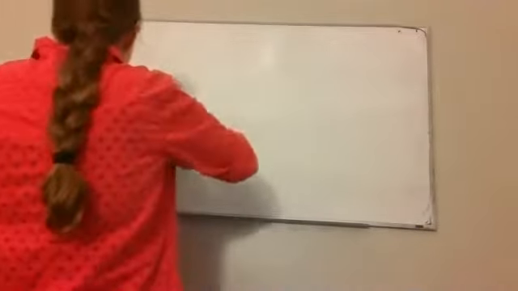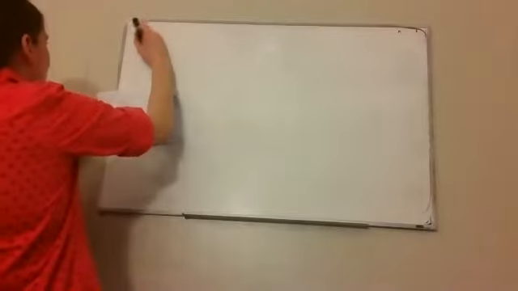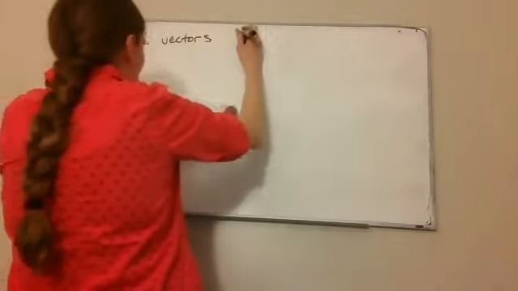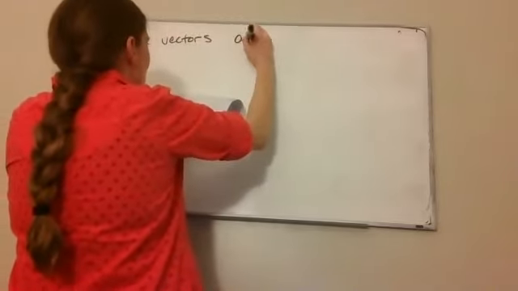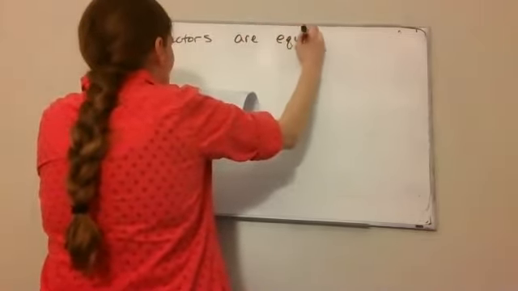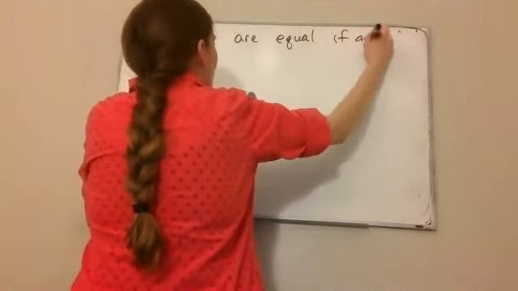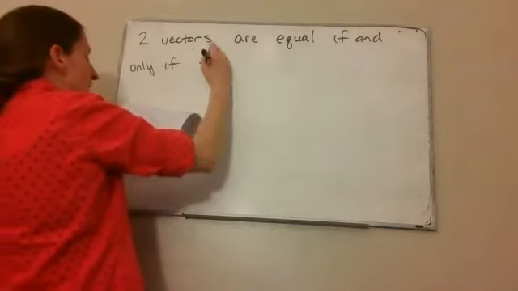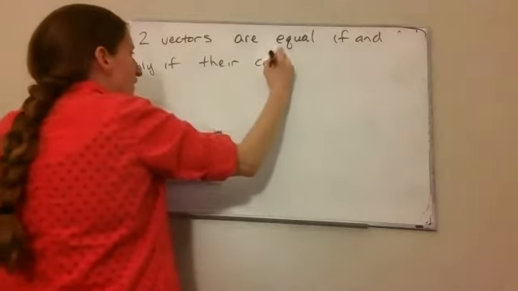Now, another nice thing about this component form is figuring out if two vectors are equal when they're written in component form. We already said two vectors are equal if they have the same magnitude and direction. But two vectors are also equal if and only if their components are equal.